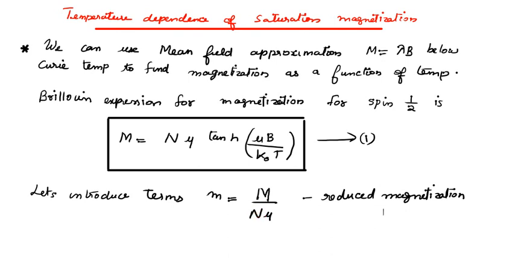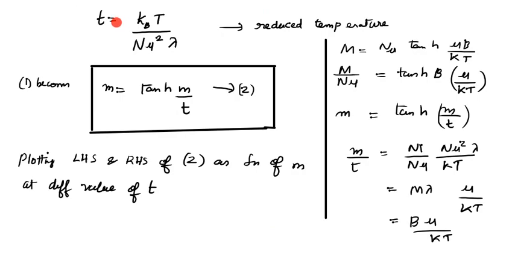Mu is the spin magnetic moment. Another quantity we introduce is reduced temperature. It is equal to temperature T into Kb by N mu square lambda. These are all constants.